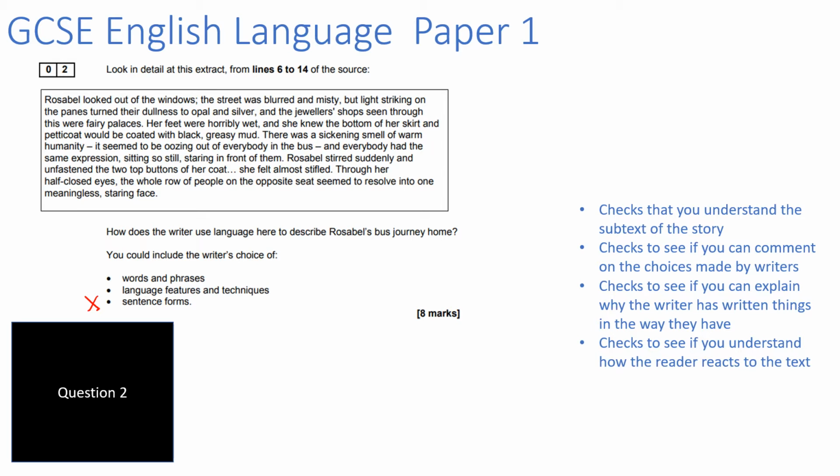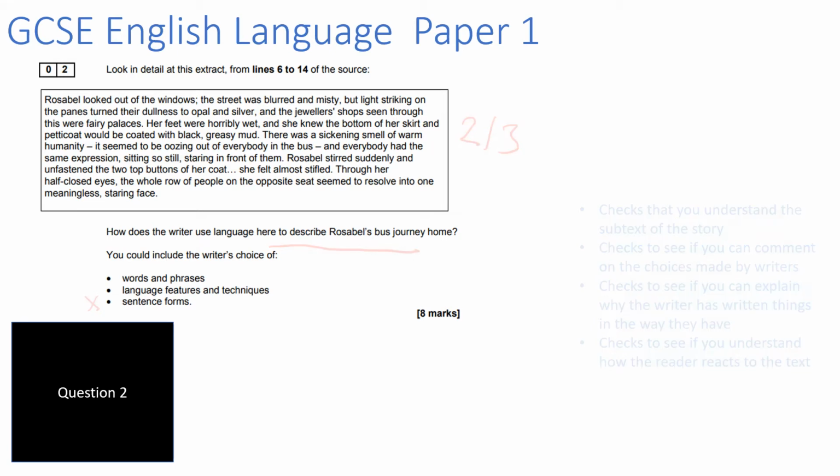So you can see on the question itself that it's got a focus. So how does the writer use language to describe Rosabelle's bus journey? And in that extract, you're looking to find 2 or 3 techniques. There'll be lots of techniques in there, but you only need to give 2 or 3.